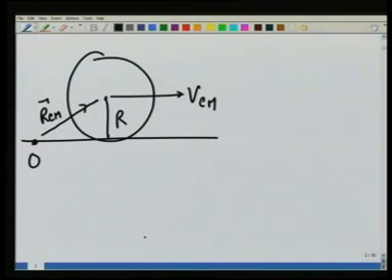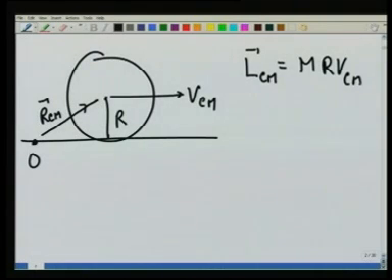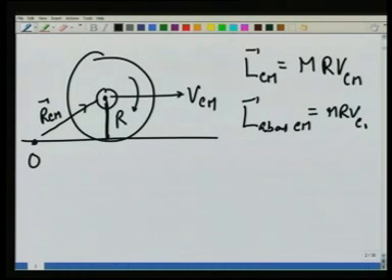So, you can see right away that L of center of mass is going to be m r v CM, where r is the radius, r CM cross v will give you only this projection, and L about CM, this is going to be in the direction perpendicular, r cross v is going to be perpendicular going into the page. I am not worrying about the direction right now. L about CM, since this is rotating like this, is also going to be m r v CM. You can calculate that, and therefore, with respect to O, the angular momentum is going to be 2 m r v CM.